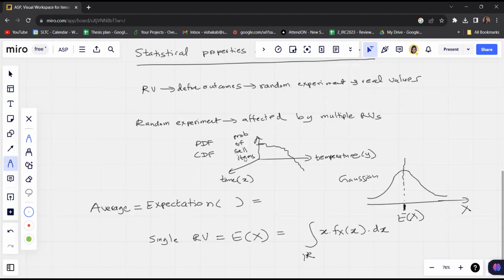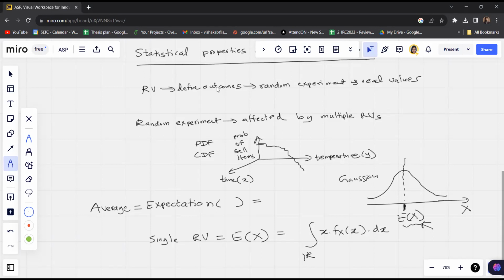Then what we are trying to find is this middle point at which this highest probability is occurring. By finding this expectation of the random variable, we can find that point and say, okay, this is the random variable value which occurs the most, or this is the outcome of the experiment that occurs the most.